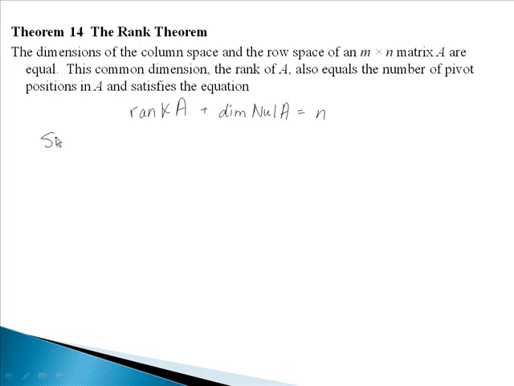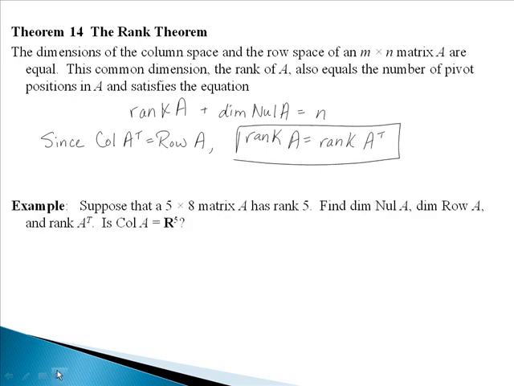Now, since we know that the column space of A transpose is equal to the row space of A, as we looked at a few examples earlier, then we can say that the rank of A is equal to the rank of A transpose.